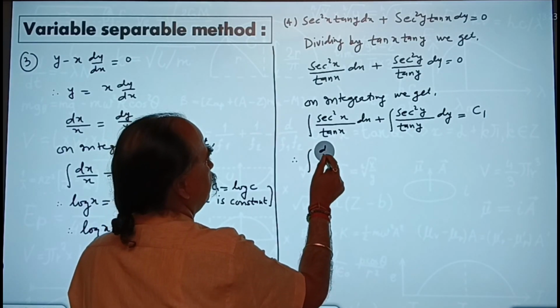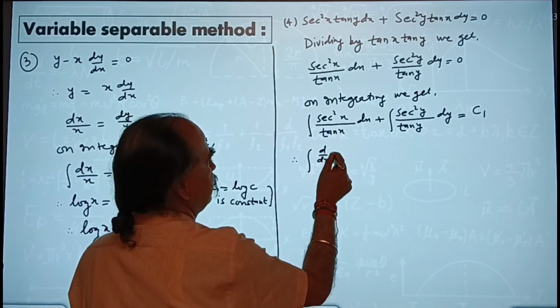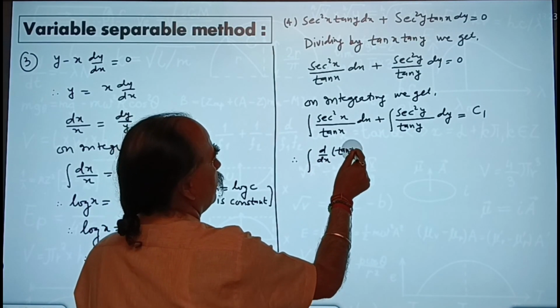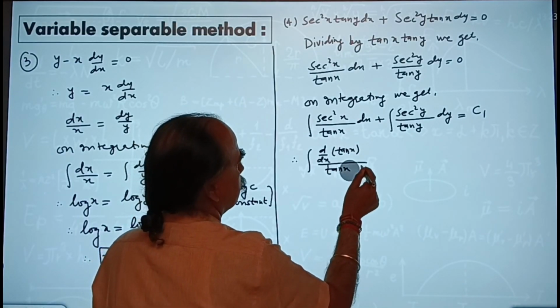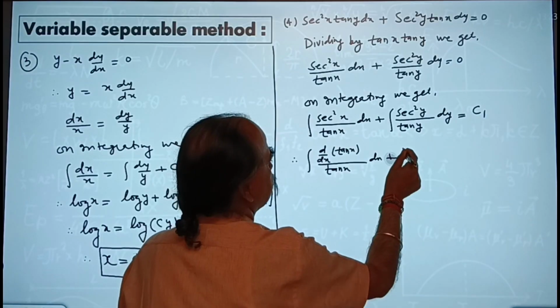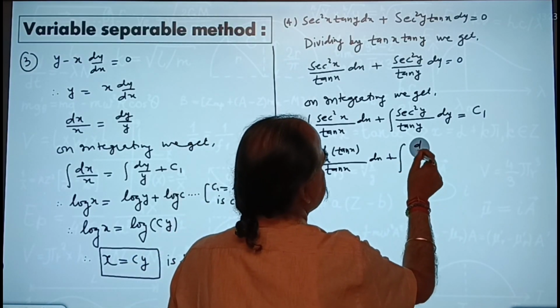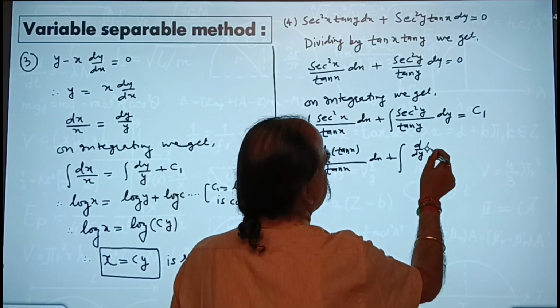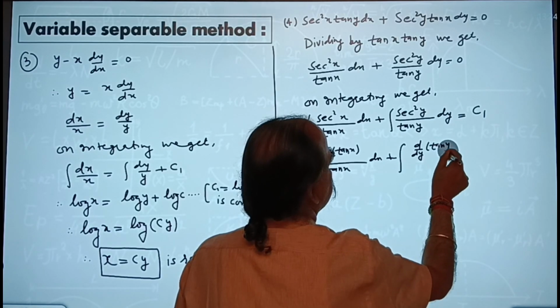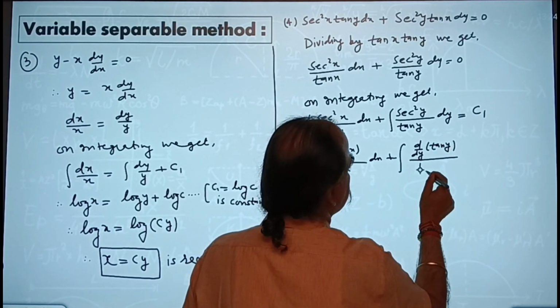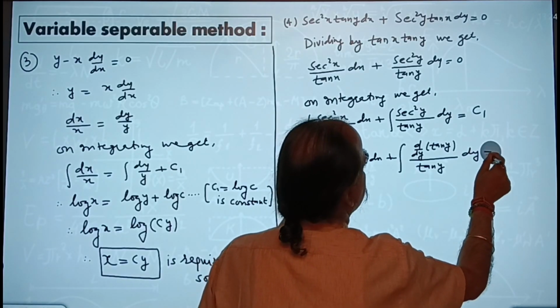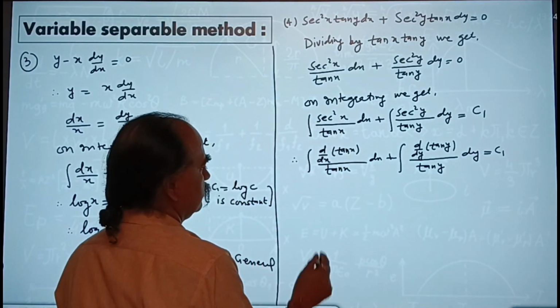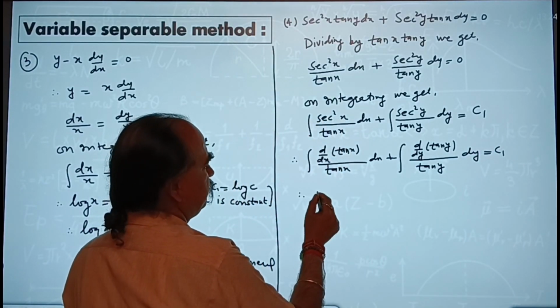Numerator is what? Derivative of denominator. So d by dx of tan x upon tan x dx plus d by dy of tan y upon tan y dy is equal to c1. Now this is f dash x upon f x, which will give you what?